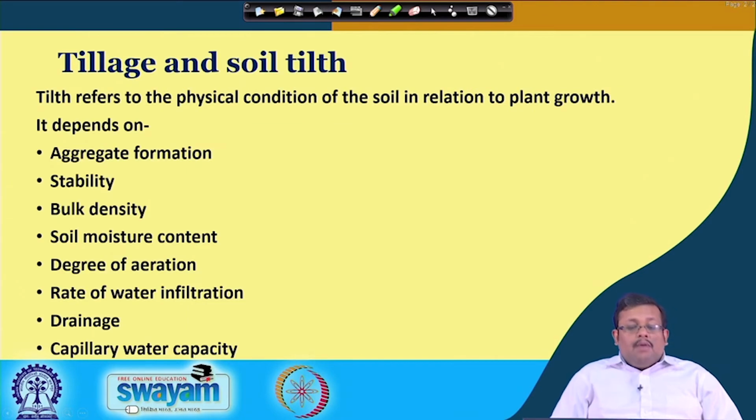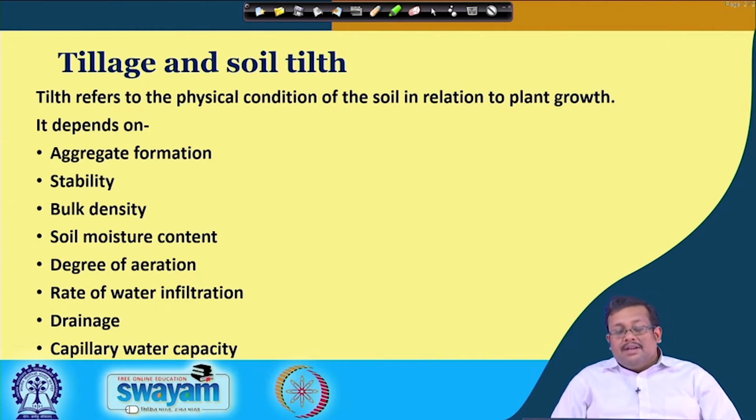Let us see what is soil tilth. Tilth is basically the physical condition which occurs after the tillage. In other words, tilth refers to the physical condition of the soil in relation to plant growth. A good tilth of a soil depends on aggregate formation and its stability, bulk density, soil moisture content, degree of aeration, rate of water infiltration, drainage, and capillary water capacity.